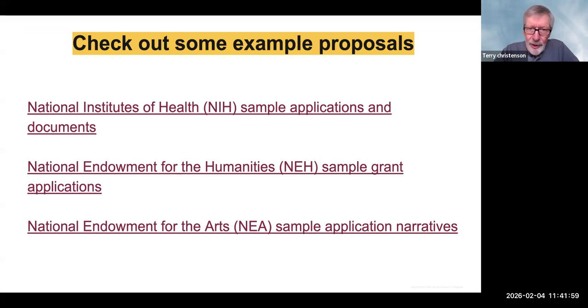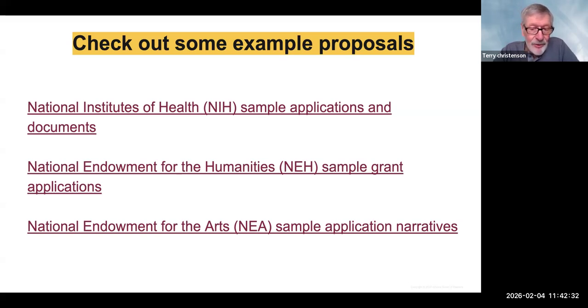I think it is excellent advice. If you're a novitiate here, you're thinking about your first, maybe even your second proposal, to check out some example proposals. Kim Purcell sent this information on to me. You can go to these sites, and there should be examples there of proposals that have been funded. There are 3 agencies here. You'll get the general idea, okay? You can also just get on and Google, and many universities maintain sites in which they place proposals that have been funded, PIs from their faculty that have been funded.